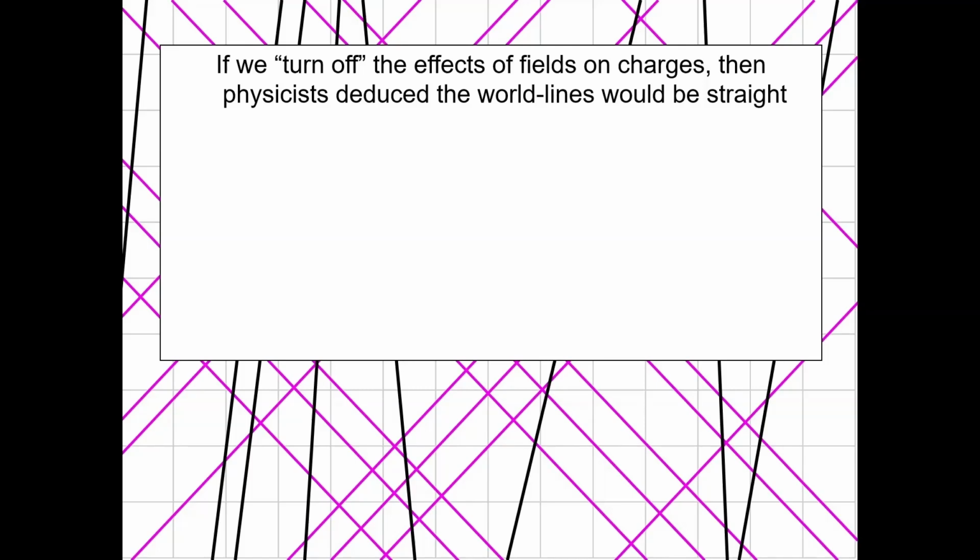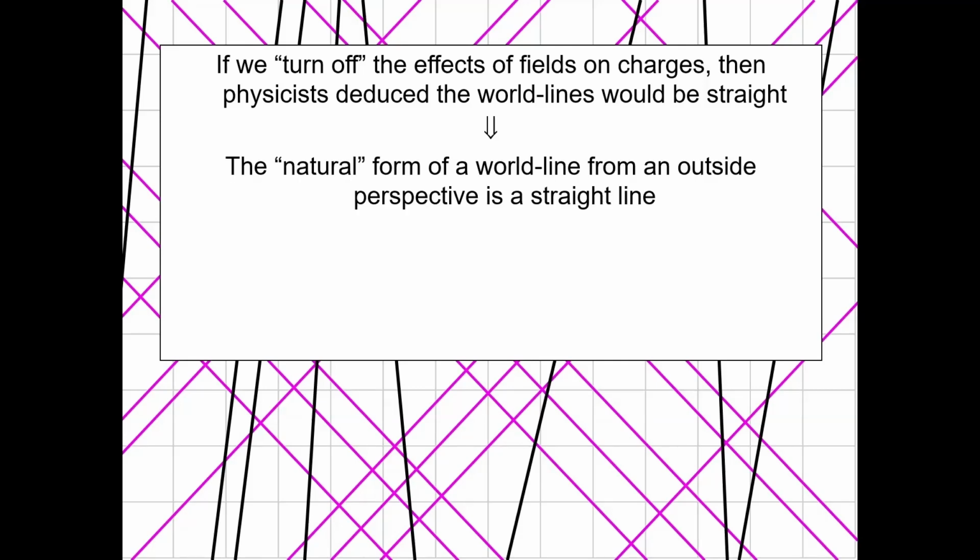And if we take this effect away, the trajectory of the world line does not want to change and it stays straight. So what we can say is that the natural form of a world line from our outside perspective is a straight line. And in physics, these are called inertial frames.